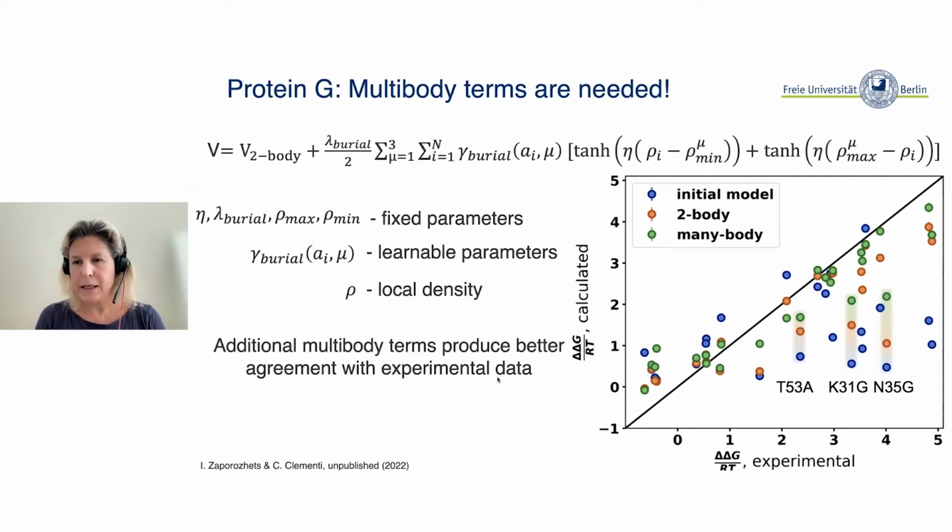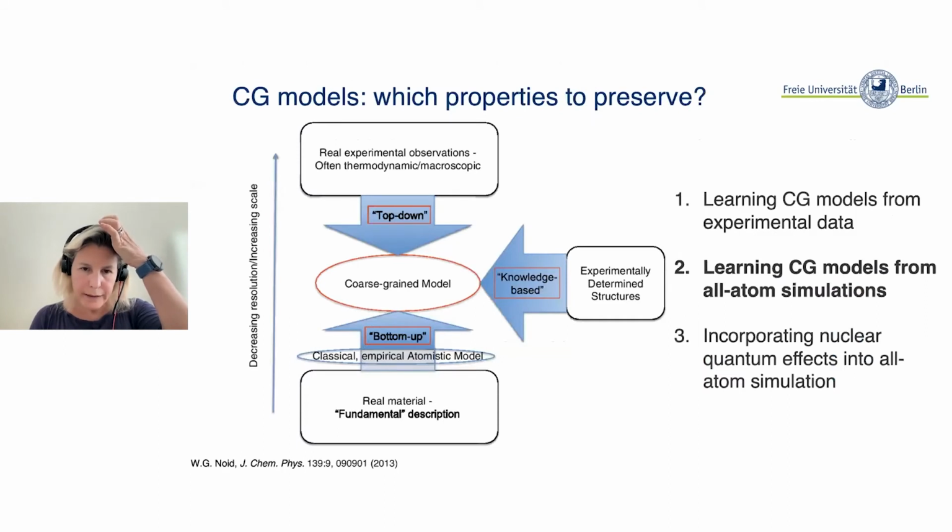This is a top-down proof that you need multi-body terms, that a simple force field like in an atomistic simulation doesn't work for a coarse-graining model, and we'll see this later also for a bottom-up approach. So this was for the top-down.